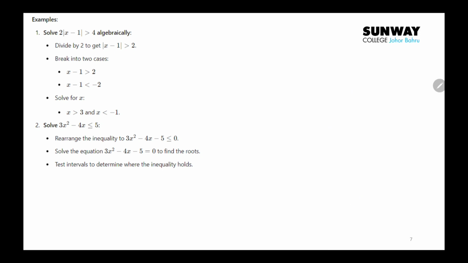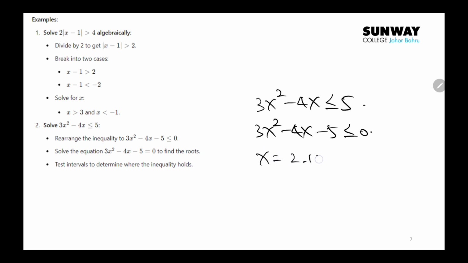For quadratic inequality, a similar approach would be taken. 3x squared minus 4x minus 5 smaller than 0. First of all, we will need to find the roots. In this case, the roots are not going to be integers, so you can make use of a calculator to find the roots. The roots turn out to be 2.12 as well as negative 0.79.